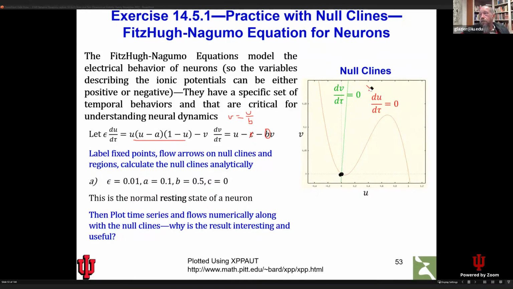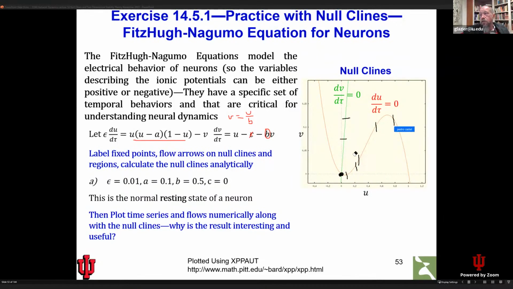So why don't people just sketch for me the nullclines for this? What direction on the dV/dt nullcline? I'm going which direction, horizontally or vertically? Horizontally, good. On the U-nullcline, I'm going horizontally or vertically? Vertically, good. And now, which am I going, up or down?